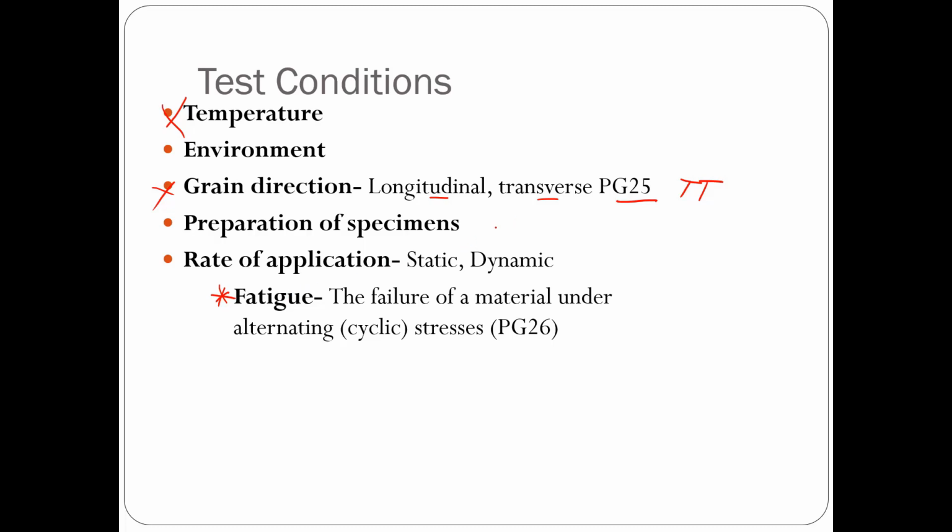So when we design and build stuff, having that in mind, so knowing which of these directions we're loading the component in, or designing it so we're loading it more in our longitudinal direction than in the other two. If that's possible, that's what we want to do. So those are test conditions.